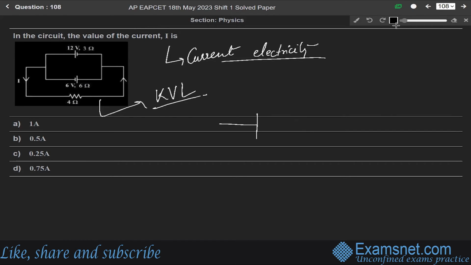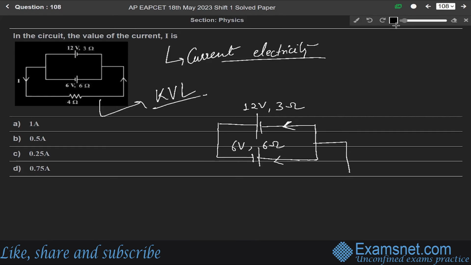Like this is 12 volt, and it's of 3 ohm. Current is flowing in this direction. And this is 6 volt and 6 ohm, and current is flowing in this direction.